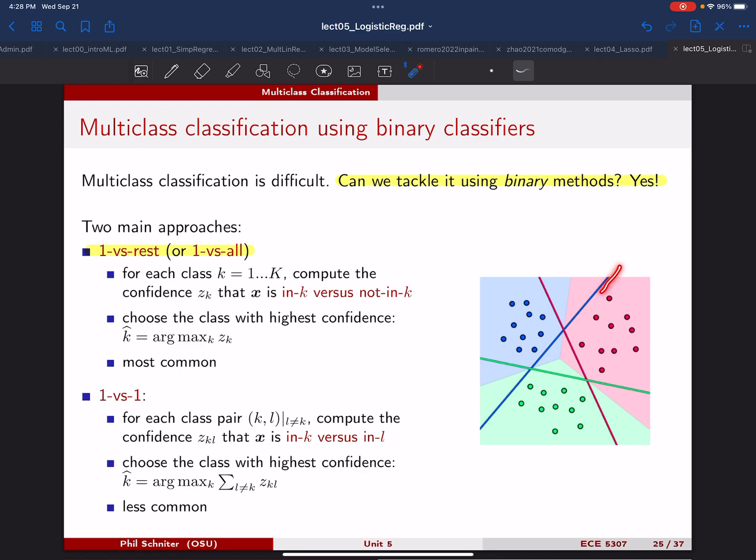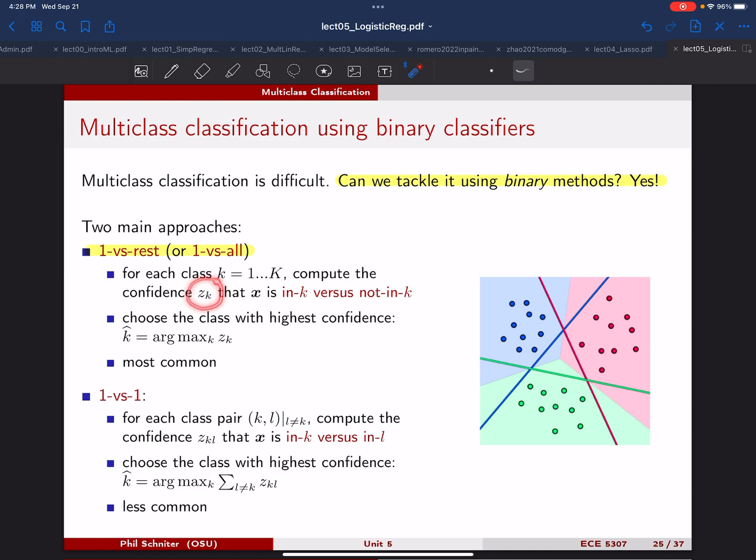So this would be a linear classifier that would be a pretty good classifier for blue versus not blue. That would be one classifier. Then I do this for red: red versus not red. That's this one. And then green versus not green. I do this one.